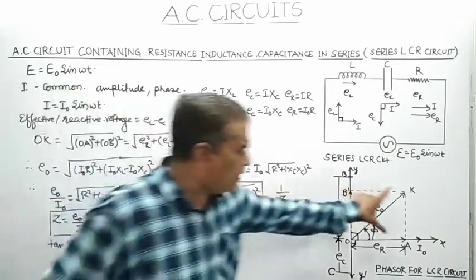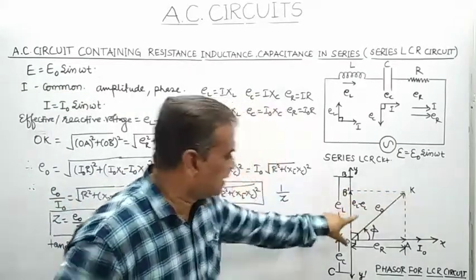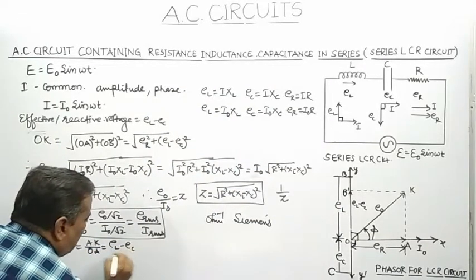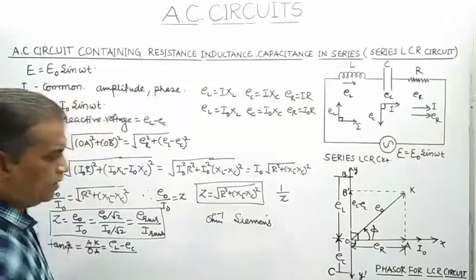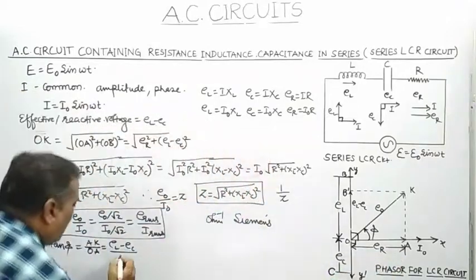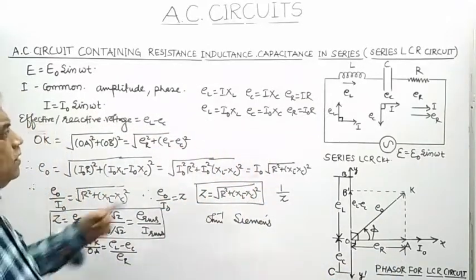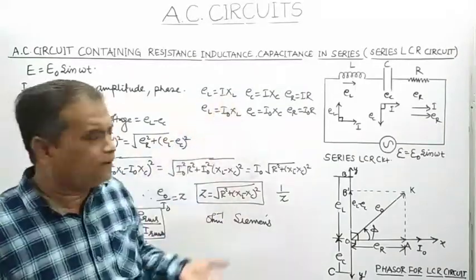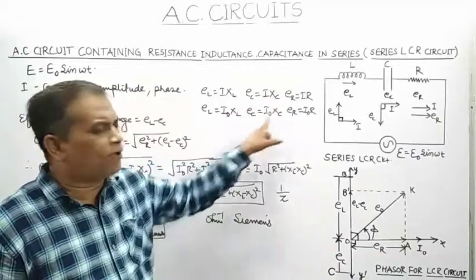What is AK equal to? OB dash, and that is equal to EL minus EC. So this is EL minus EC upon OA. This OA represents ER. Now we know that EL is I0 XL and EC is I0 XC.